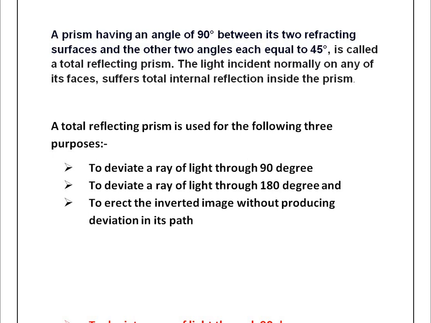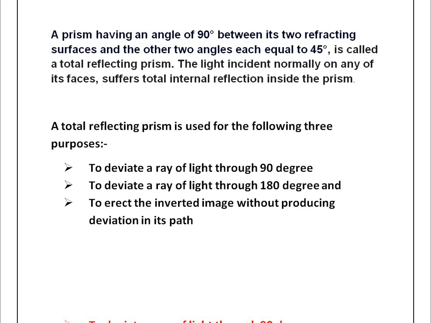So next I will explain it through a diagram. Actually, we shall consider total internal reflection in three different prisms. At first, the 45 degree, 90 degree and 45 degree, which is called a right angle isosceles prism or total reflecting prism.